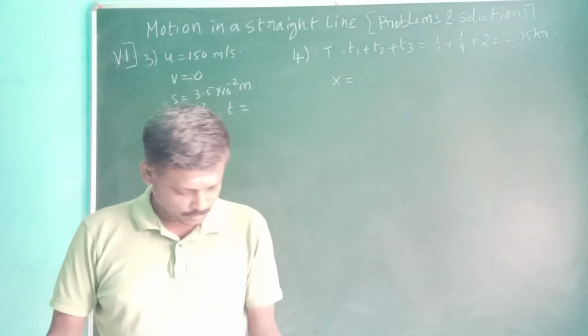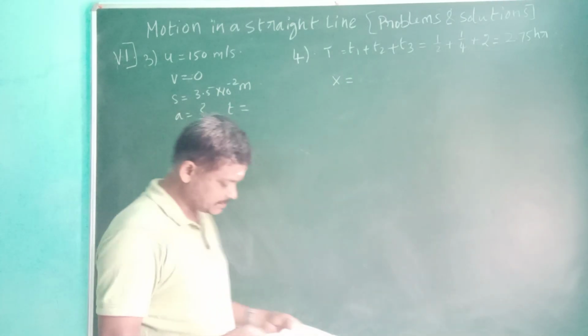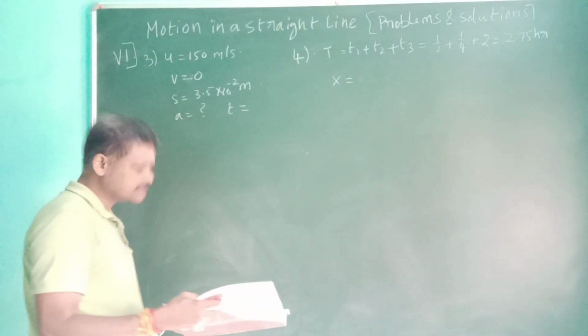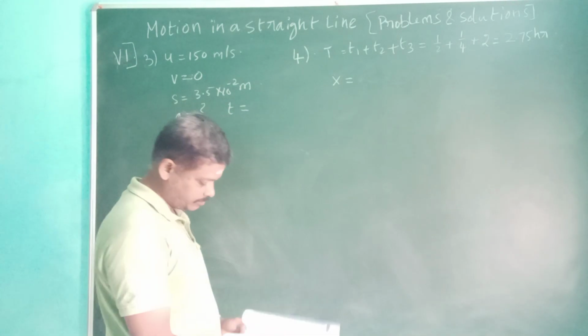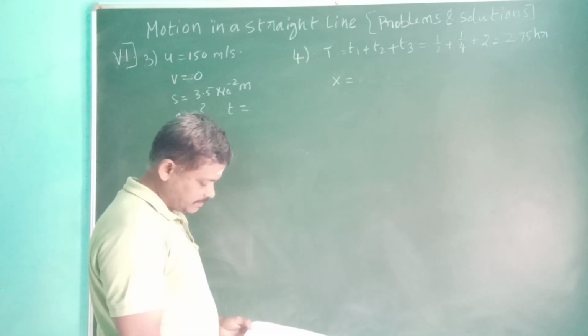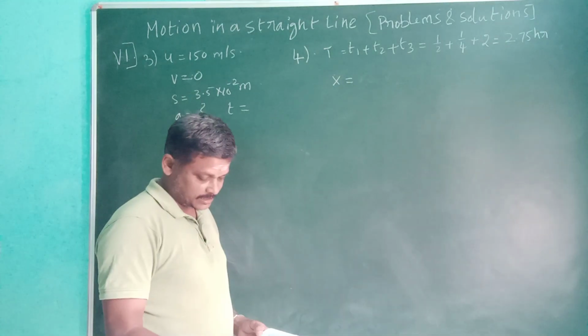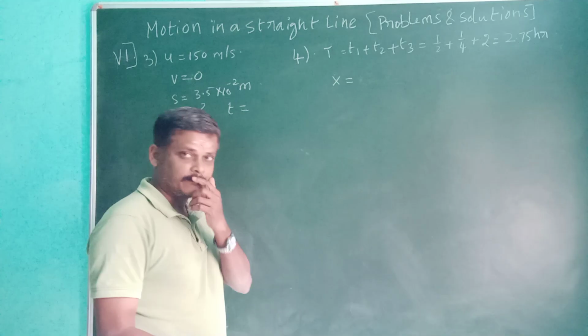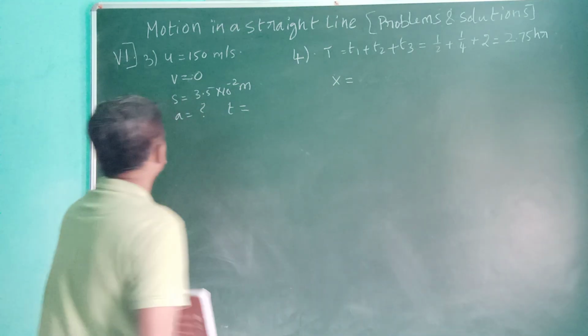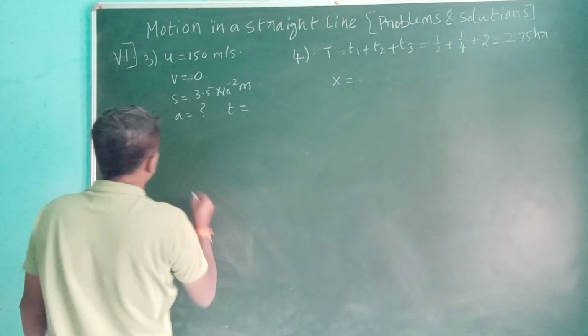Third question. A bullet moving with a speed of 150 meters per second strikes a tree and penetrates 3.5 centimeters before stopping. What is the magnitude of its retardation in the tree and the time taken for it to stop? Using equations of motion, we can find it.